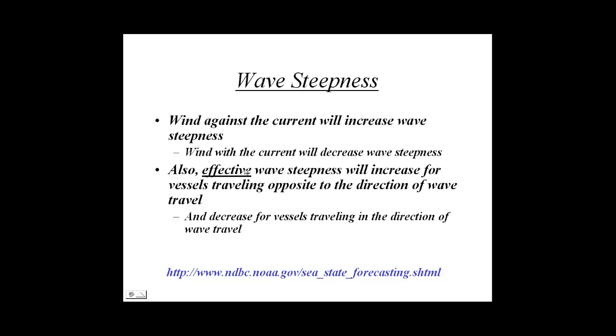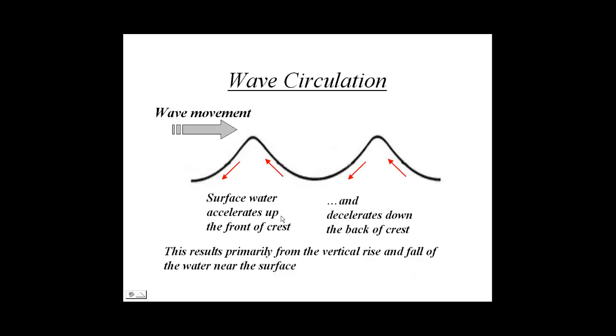The effective wave steepness will increase depending on the direction that the vessel is traveling. So for a vessel traveling in the direction of the waves, the effective steepness will reduce. If the boat is going in the opposite direction, it will increase. When a boat is going in the direction of the waves, it will decrease. And here again is a website related to this.